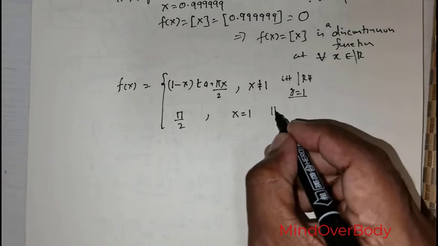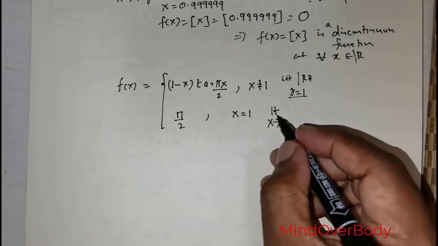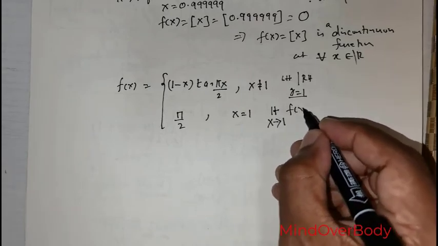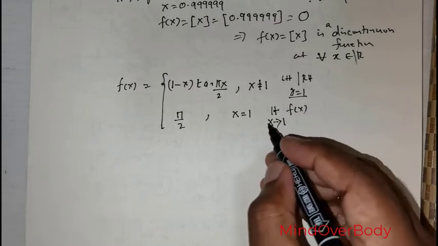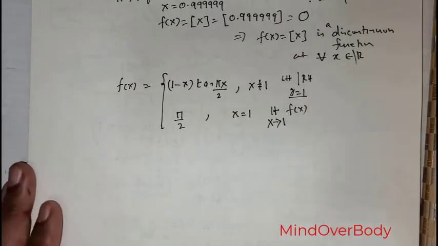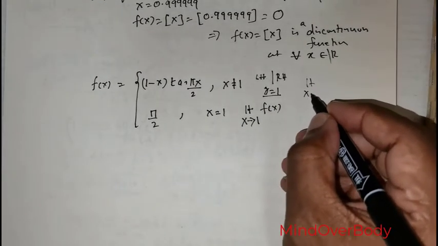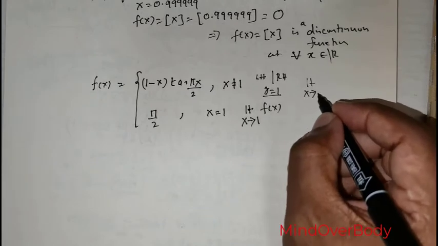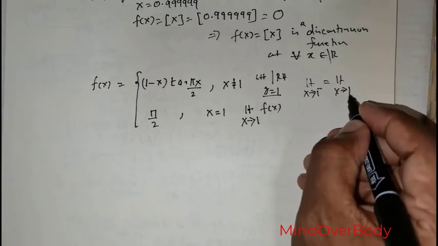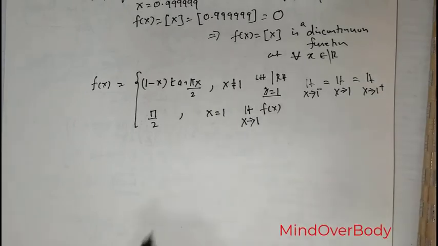So it is enough that we find the value of the limit as x tends to 1 of this particular function. This would give us the left hand limit as well as the right hand limit, because if a limit exists, then clearly we would be in a position to say the limit as x tends to 1 from the left side should be equal to the limit as x tends to 1, which in turn should be equal to the limit as x tends to 1 from the right hand side.